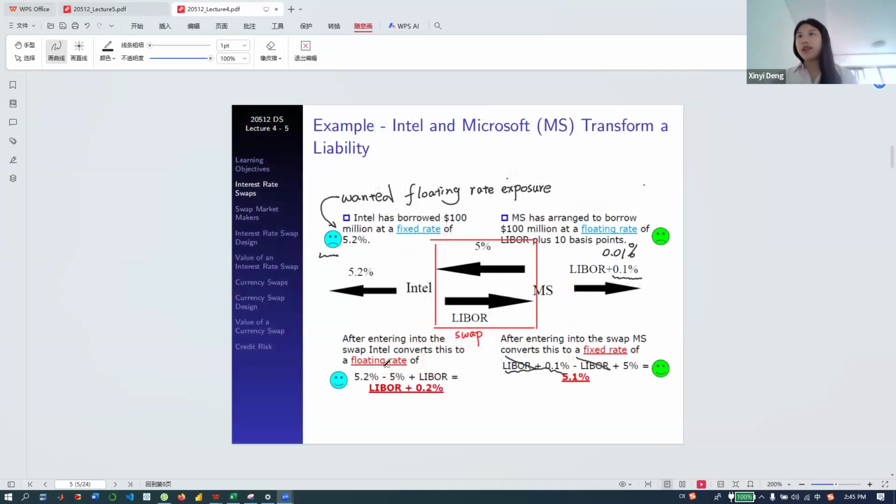Now instead of directly swapping cash flows with each other, we have a financial intermediary standing in the middle. So Intel will no longer directly exchange its cash flow with Microsoft. Instead, Intel is going to exchange its cash flow with a financial intermediary, and so does Microsoft.